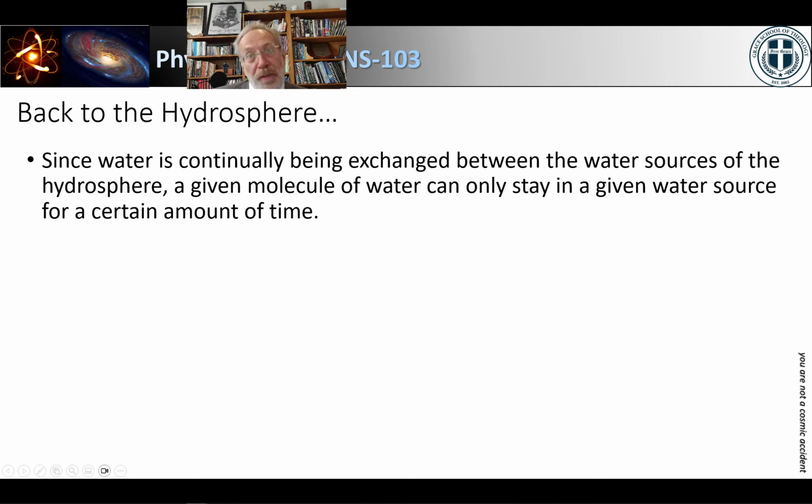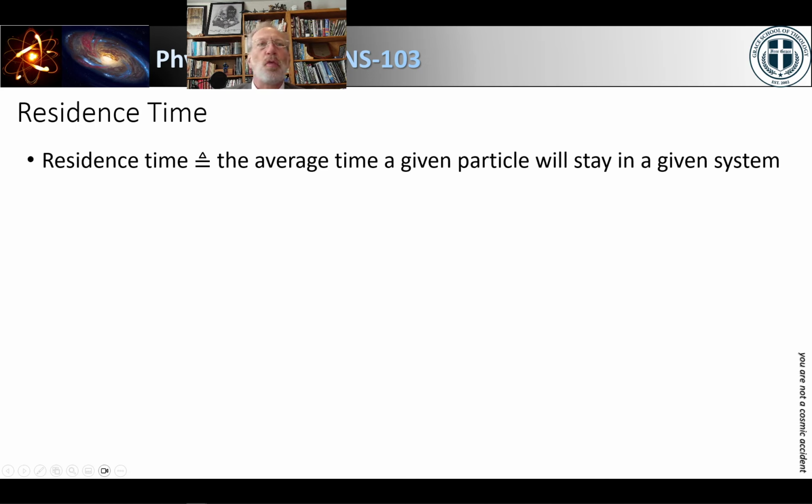So hopefully you see that we've got this water going around in this cycle, and it depends on where it is in the hydrologic cycle. It's going to spend a certain amount of time in any given location, and scientists have given that time a name. It's called residence time, and it's defined as the average time a given particle is going to stay in a system.